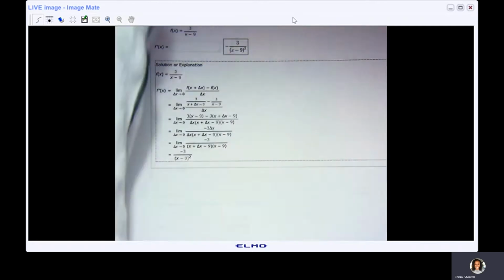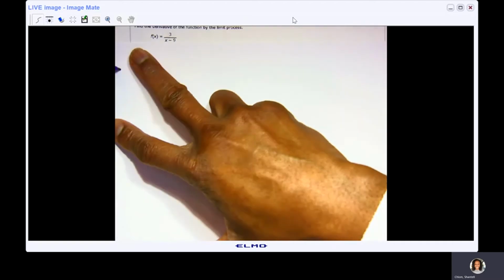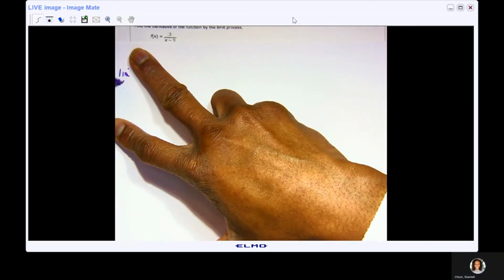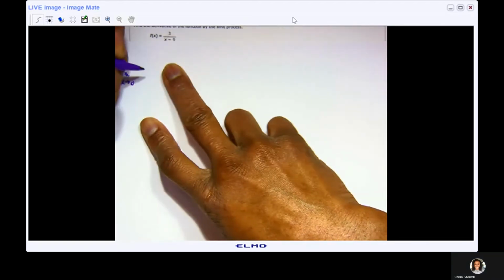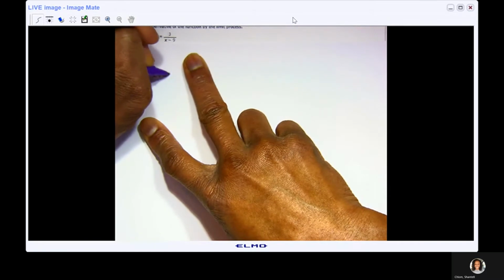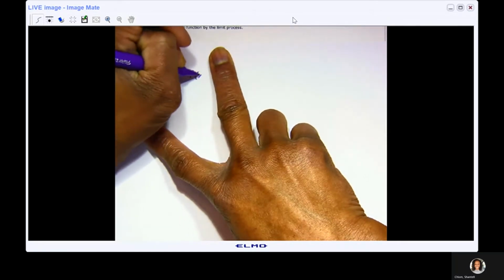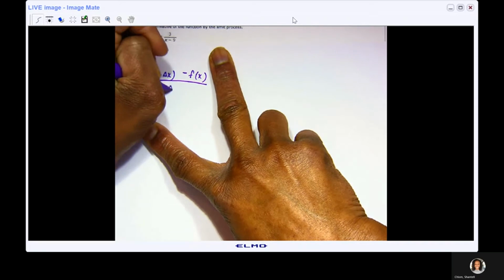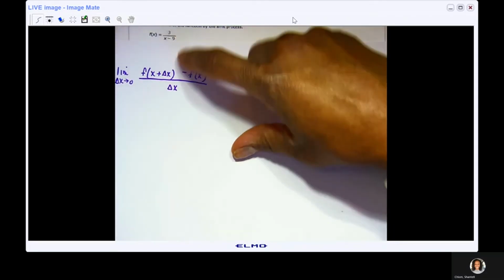Let's see here. Let's look at this one. The derivative of the function using the limit process. Okay. So I'm going to take that function.